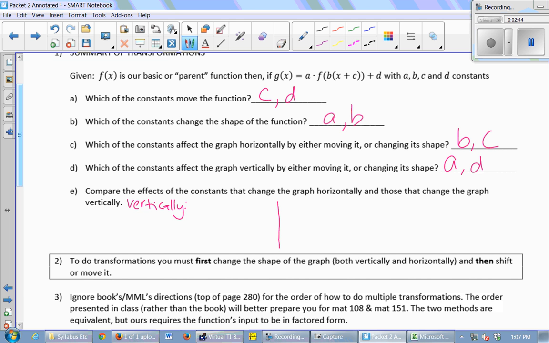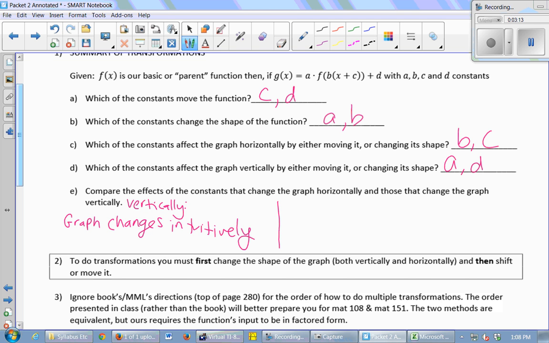And A stretches or shrinks things vertically. When A is a big number, it stretches, and when A is a small number, like a fraction, it shrinks, okay? So when you have vertical changes, like A and D, the graph changes exactly as you expect. We'll say intuitively. Intuitively. Exactly as you expect.